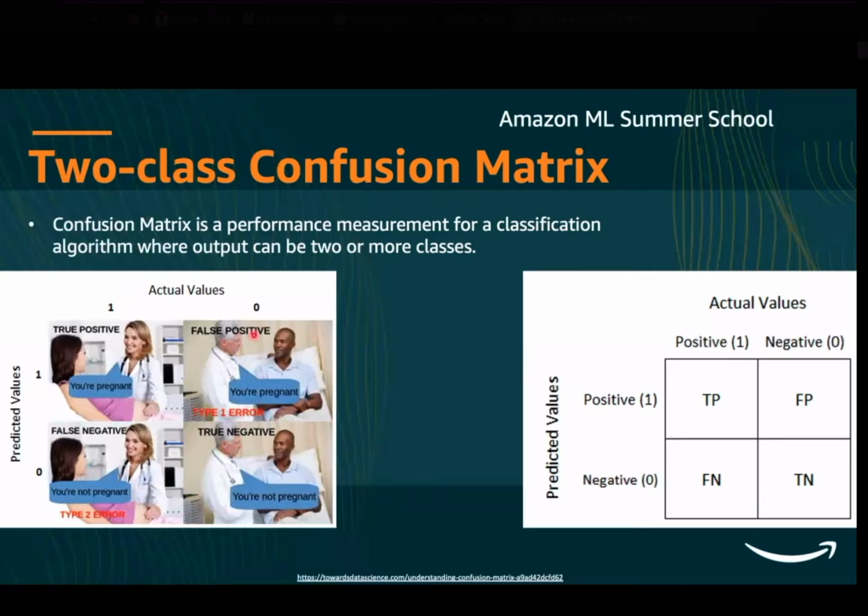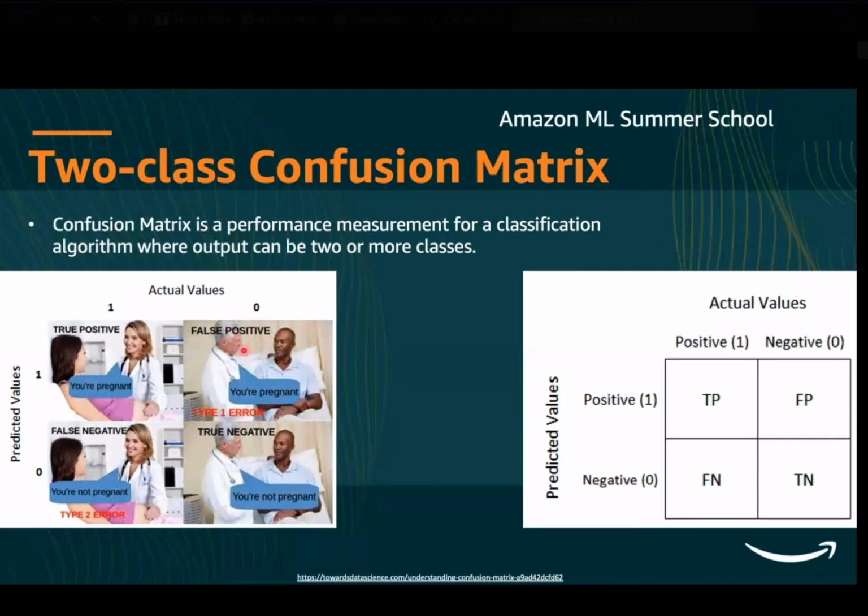The actual value is 0, and the predicted value is also 0. Let's say a male goes to a gynecologist and he says, hey, you're pregnant. This is typically not possible, and hence this is a false positive, because the model, which is the gynecologist, is saying the male is pregnant, which is a positive case, and it is wrong.